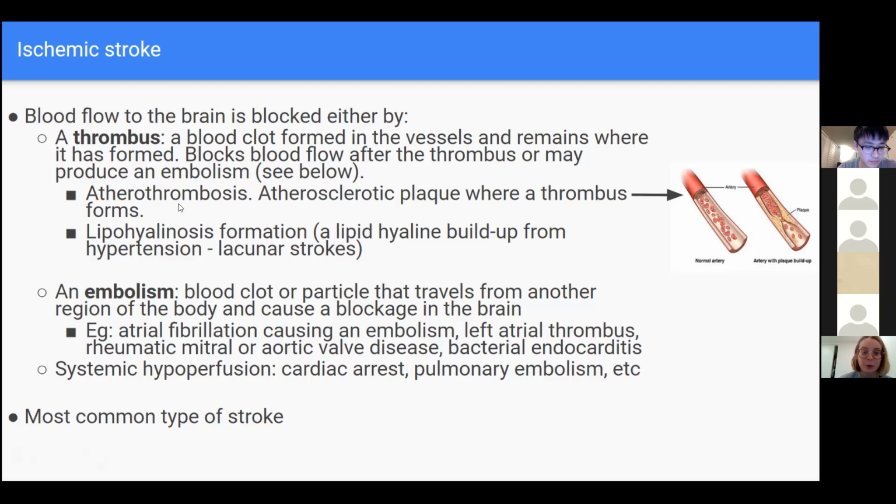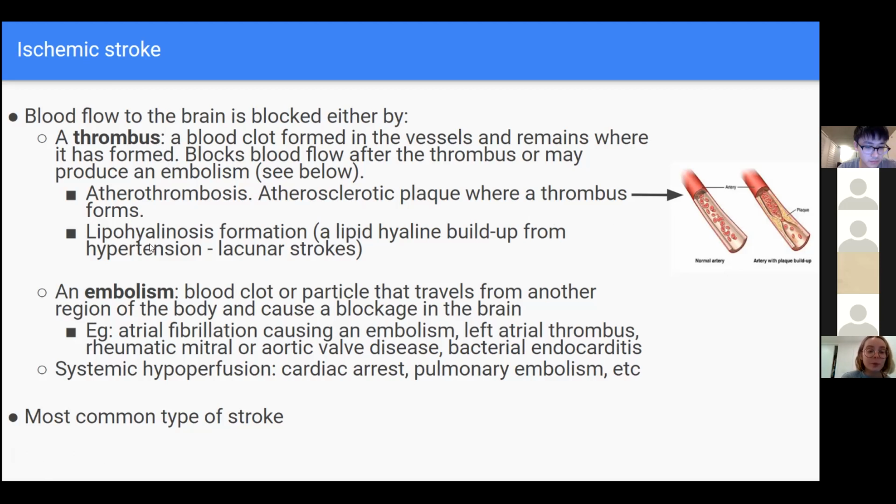First is atherothrombosis. Atherothrombosis is a thrombus that forms in an atherosclerotic plaque. For those of you who don't remember what an atherosclerotic plaque is, it's a buildup of mostly cholesterol kind of material that creates a narrowing in the artery, and that creates a coagulable state that can promote the formation of a thrombus.